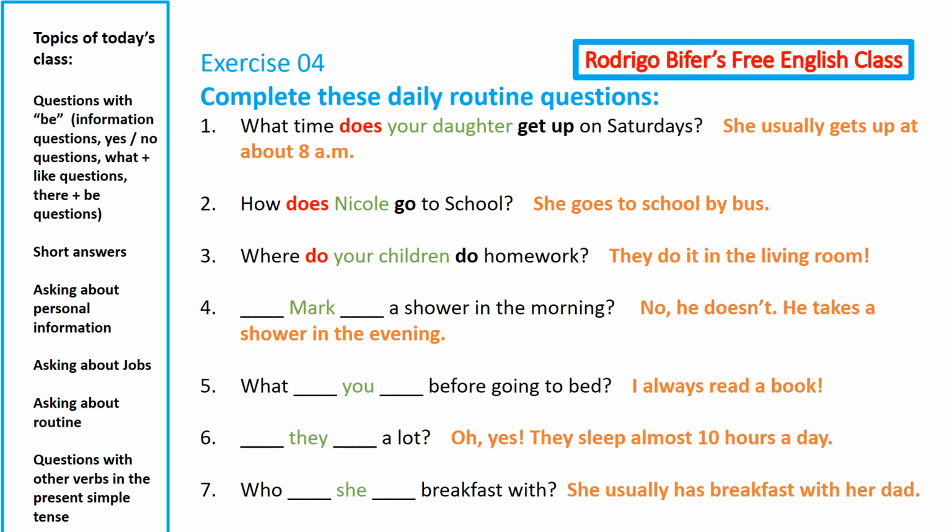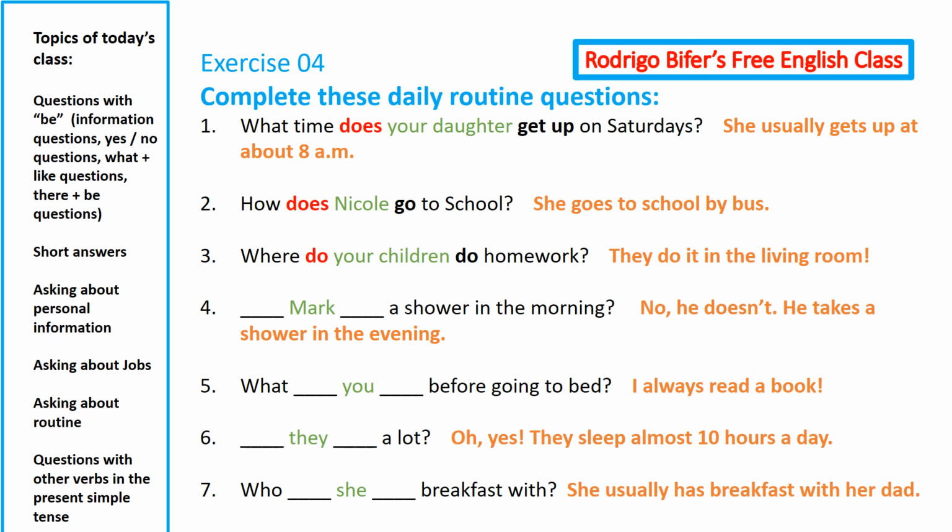Number 4. Here we have a yes no question. The answer is no, he doesn't. So if the answer is no, he doesn't, we know that the question must use the auxiliary does. He takes a shower in the evening. Does Mark.